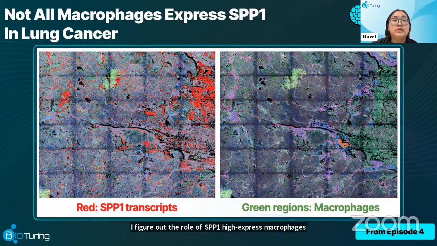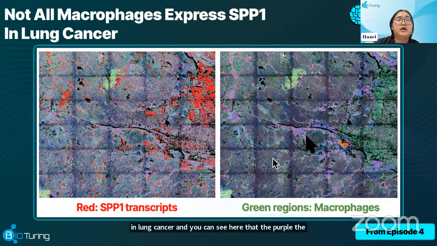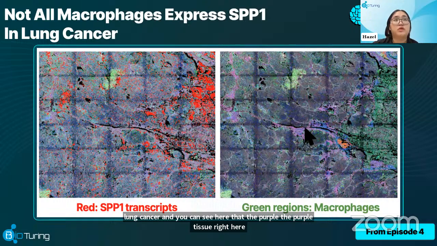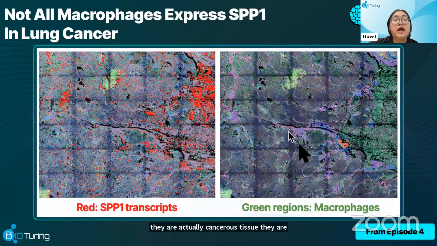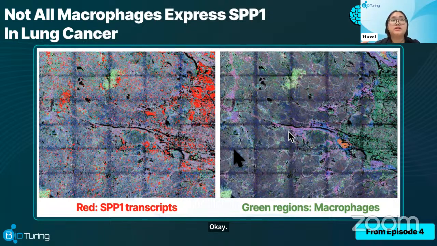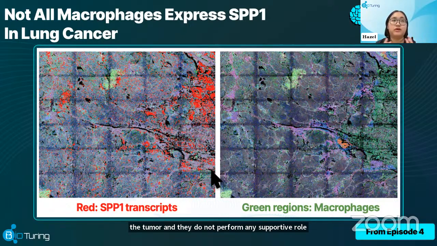You can see here that the purple tissue is cancerous tissue, the tumor. The SPP1 highly expressed macrophages surround the tumor, and they do not perform any supportive role, but rather suppress the immune response.